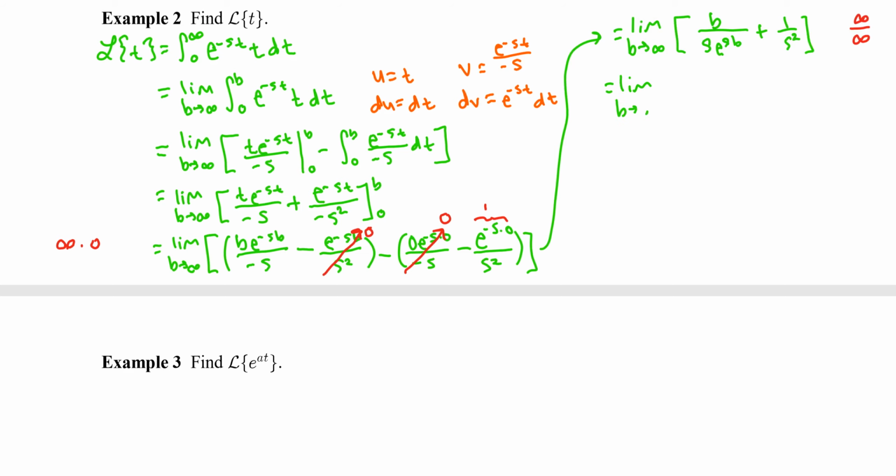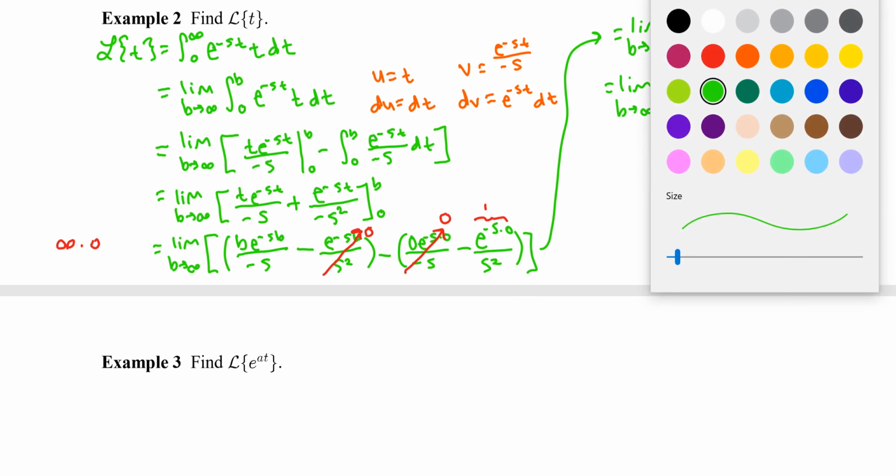And remember, with L'Hopital's rule, we individually differentiate the numerator and denominator. So I'm going to differentiate the numerator with respect to b to get 1. And in the denominator, differentiating with respect to b, we have 1 over s squared e to the sb plus 1 over s squared.